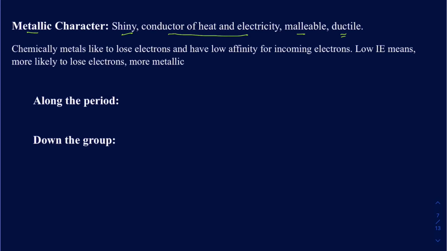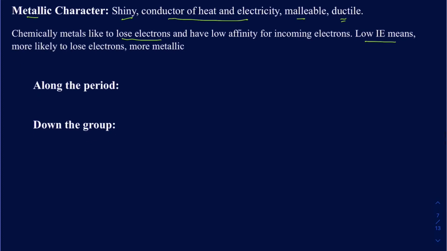Chemically, metals like to lose electrons. So if something is more likely to lose an electron, it should have low affinity for the incoming electron, and it should also have a low ionization energy. Having a low ionization energy means it can easily lose an electron.